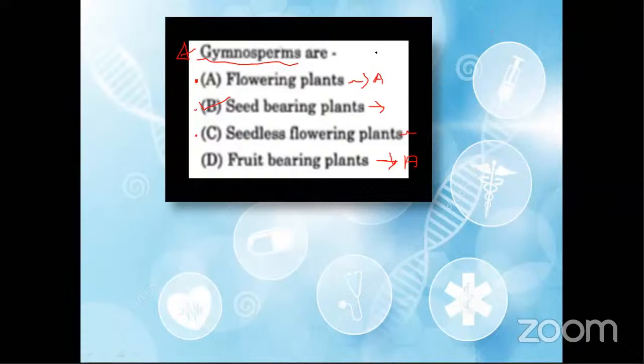What are the two classifications of plants? Plants are classified into two major kingdoms. What are those? No, gymnosperm and angiosperms come later. The main two classifications of plants. Dicotyledon and monocotyledon? Dicots and monocots are basically the types of angiosperms.